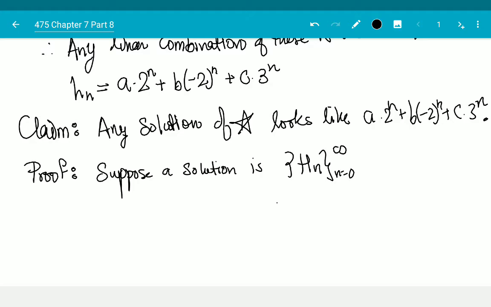Okay, then consider h of 0, h of 1, and h of 2, right?